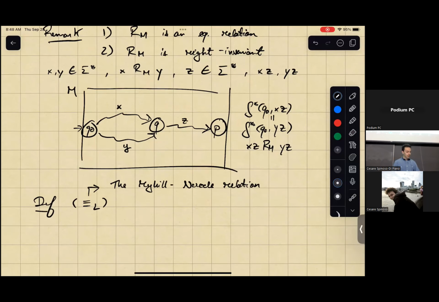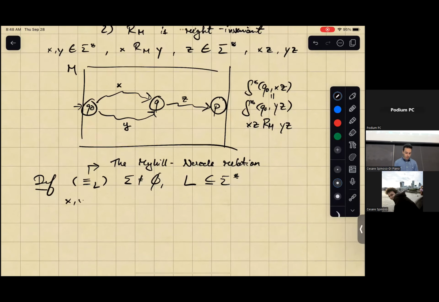Let me give the definition and then I'll get to you. Okay, so what's the definition of this relation? Suppose I have some non-empty alphabet sigma and some language L defined over this alphabet. Note the first thing to note here is that L is any language. It could be regular, but it could also be not regular. Now, suppose I have two strings x, y in sigma star.